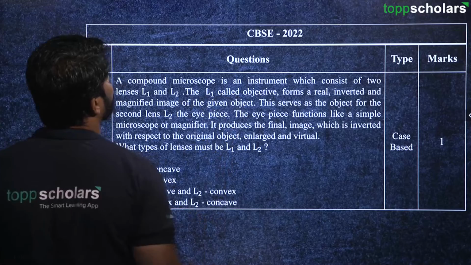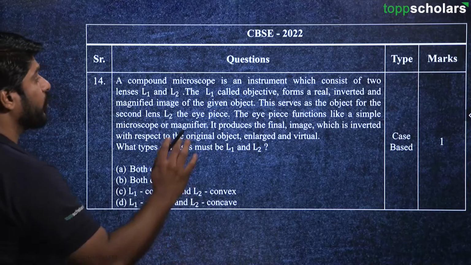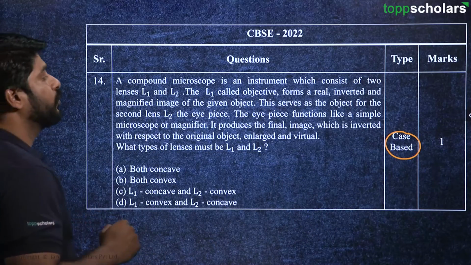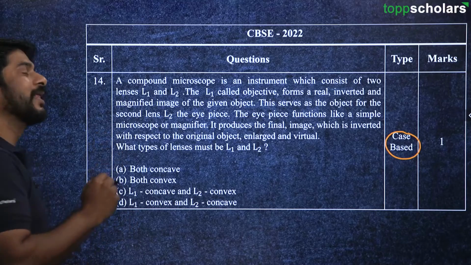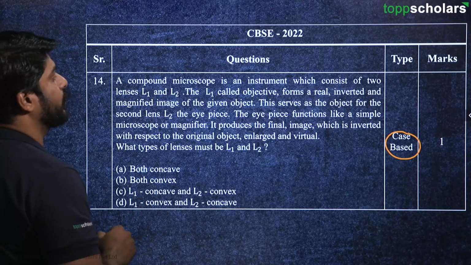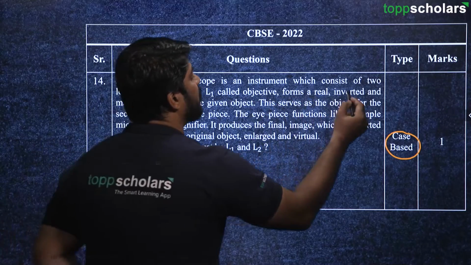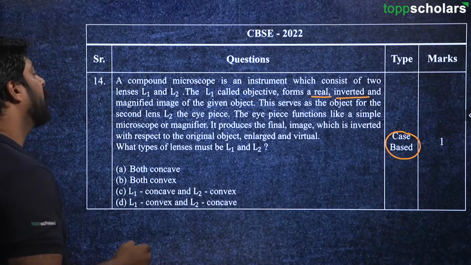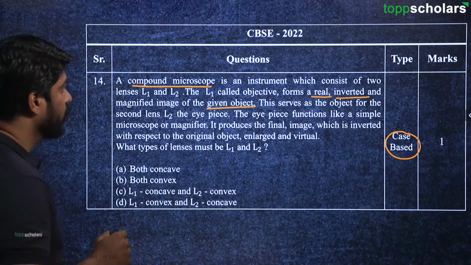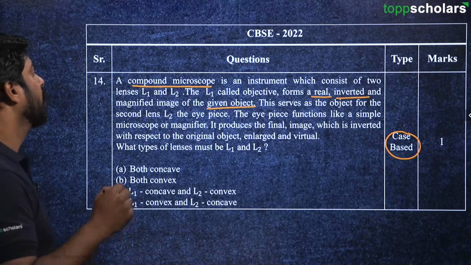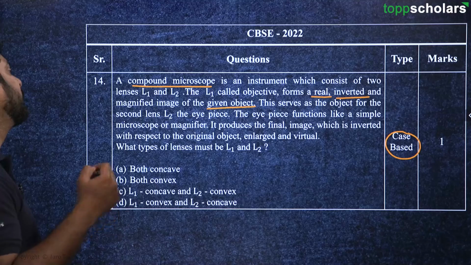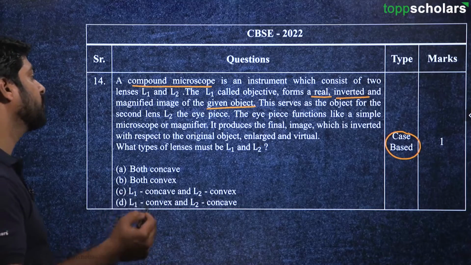A compound microscope is an instrument. Look at this, this is a case-based question. A compound microscope is an instrument which consists of two lenses, L1 and L2. The L1, called objective, forms a real, inverted and magnified image of the given object.